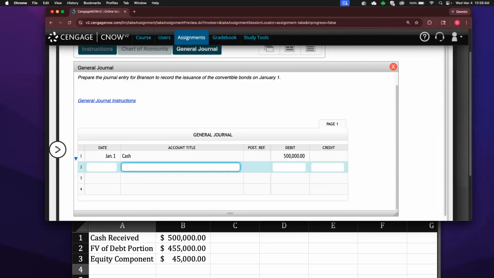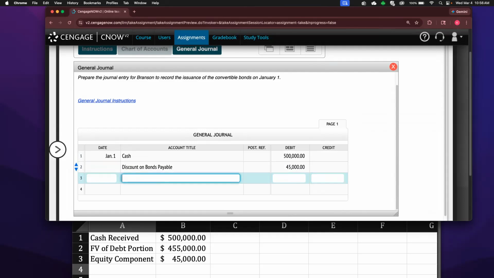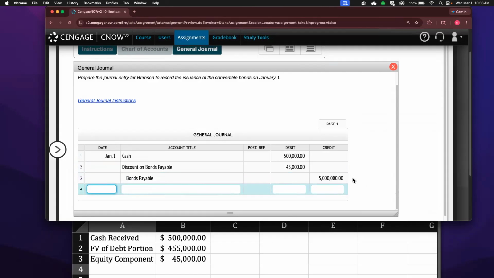We're going to debit discount on bonds payable for the amount of our equity component, 45,000. We're going to credit bonds payable for 500,000. Oh, too many zeros.